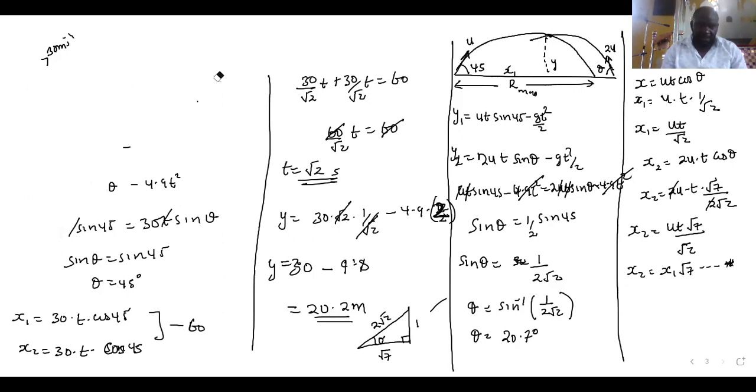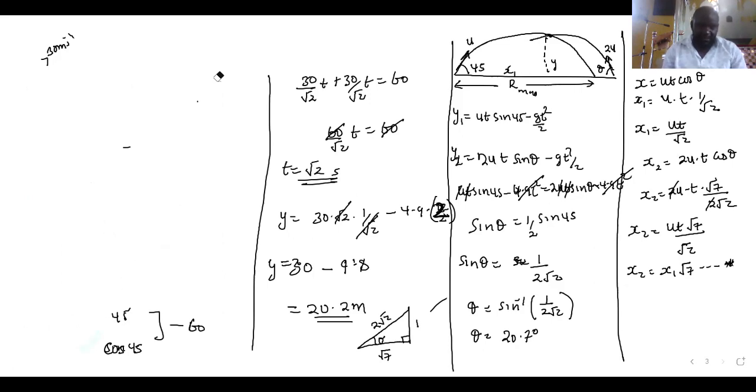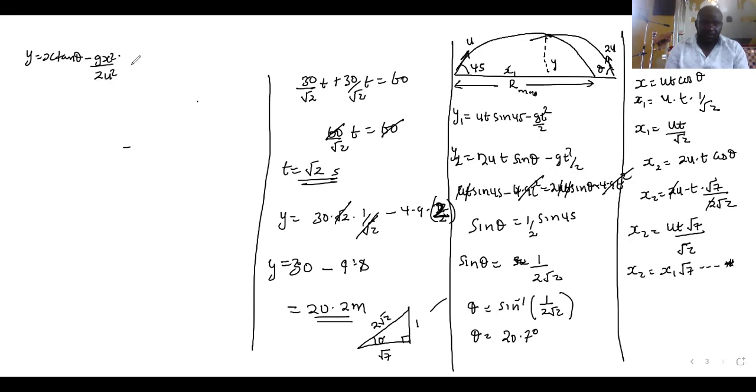Remember the equation of the trajectory? Y is equal to x tan theta minus g x squared over 2u squared. Y is equal to x tan theta minus g x squared over 2u squared into 1 plus tan squared of theta.